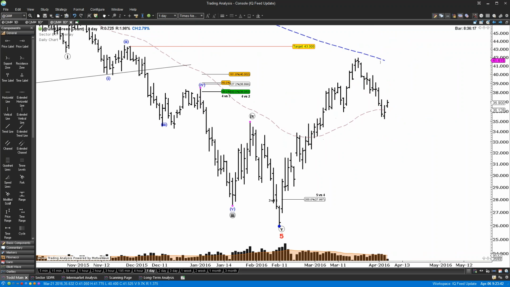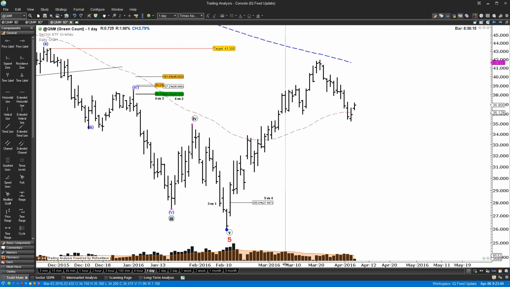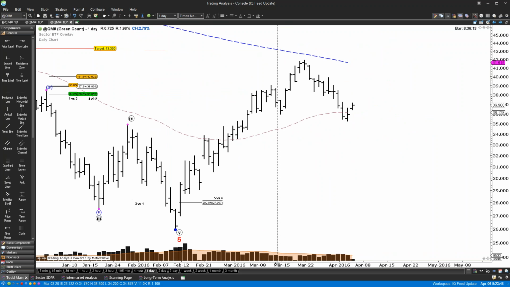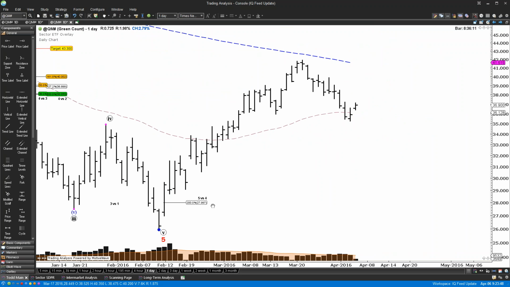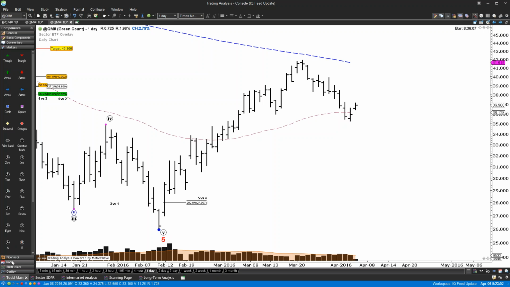Let me show you how to label a 5-wave move, okay? I really hope 35 breaks. And the simplest way to label a 5-wave move is to just look for the biggest corrections in both price and time. Okay, I see kind of a choppy sideways, nothing too clear, but sort of a hesitation in here. And I also see a hesitation in here, right?